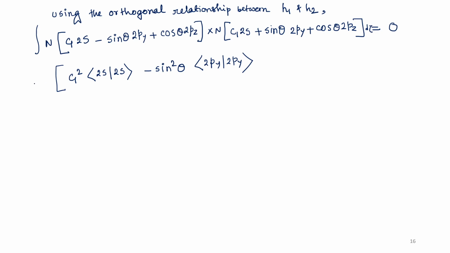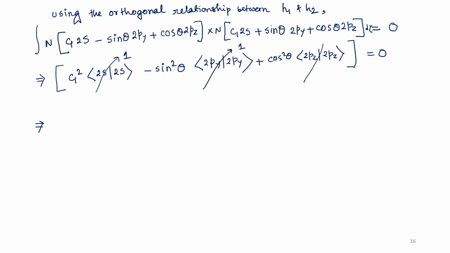So this is the relationship, plus cos squared theta 2pz, this is 0. It is not just the multiply but the multiply and integrate over all space. And we know these are normalized.